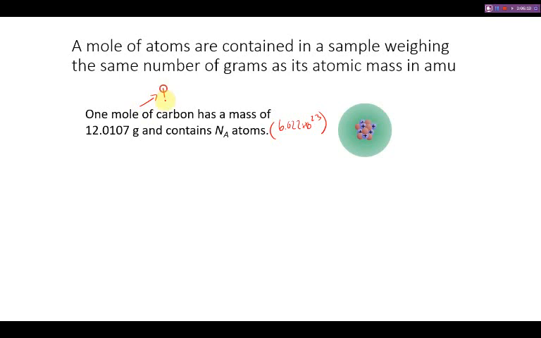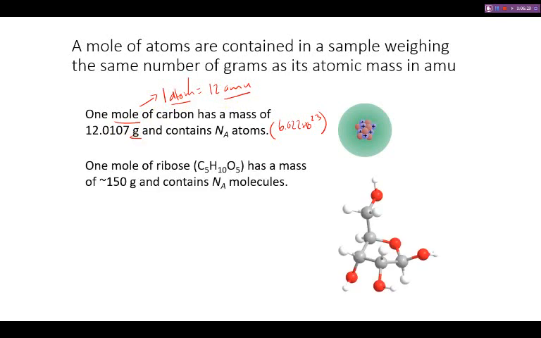If you have 1 atom, then that would be the 12 AMU. So we see that there's a relationship between the mole, the atom, and grams and AMU, as we've said before. If we have 1 mole of ribose, the sugar we talked about earlier, that weighs approximately 150 grams and contains Avogadro's number worth of molecules.